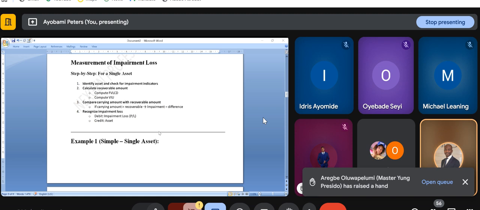What I'm saying is this. It's very, very important for you to note when there is a revaluation surplus on any of the assets. If there is a revaluation surplus on the asset and there is an impairment, you have to go and reduce that revaluation surplus by that amount.